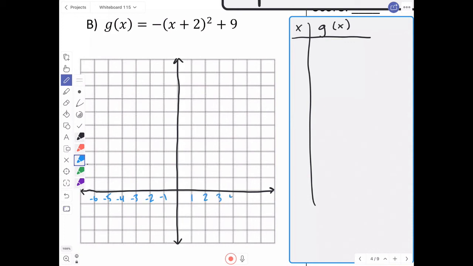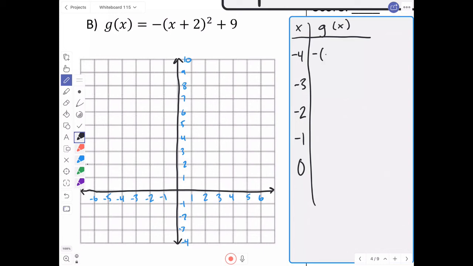So I want to use some values that center around -2. So maybe -3 and -4 and -1 and 0.